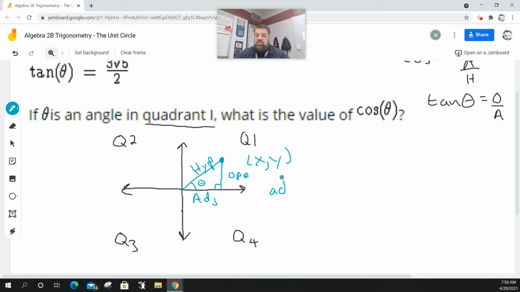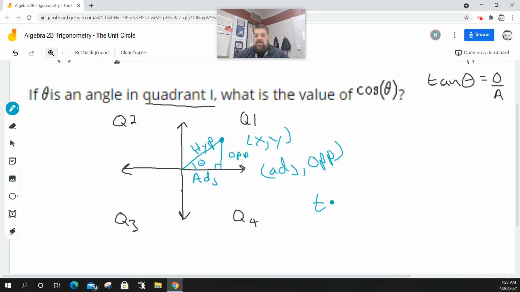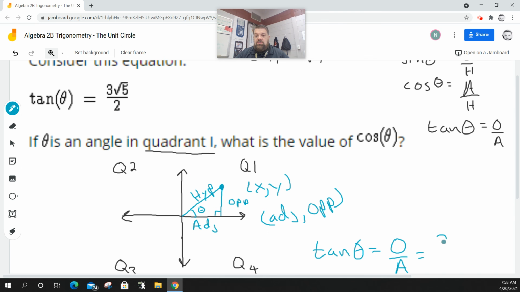So this is really the adjacent value, comma, the opposite. Okay, so let's unpack this. So we know that tangent of theta is equal to the opposite over the adjacent. And we're told that that is 3 root 5 all over 2.